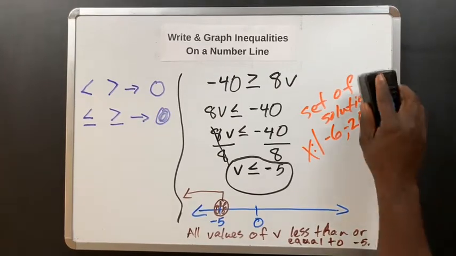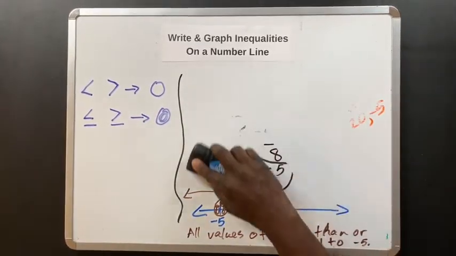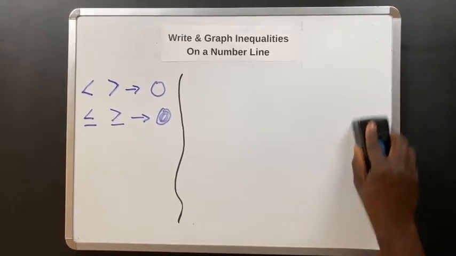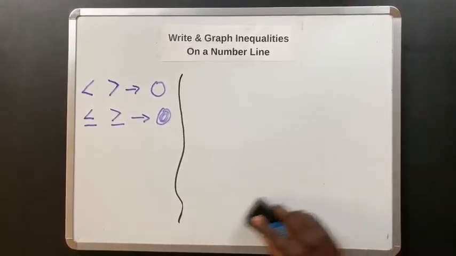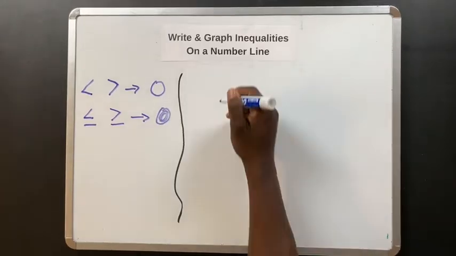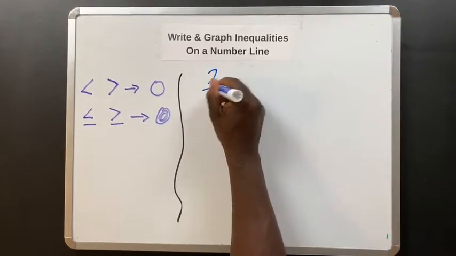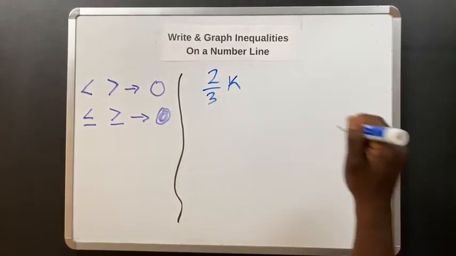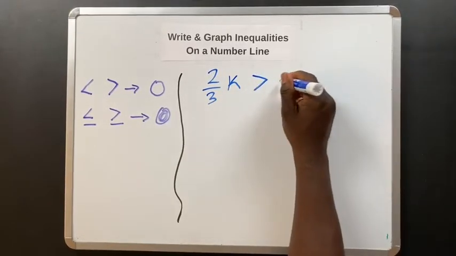Okay, let's solve another problem. What about if you have an inequality that looks like this with a fraction? 2/3 times k is greater than 6.